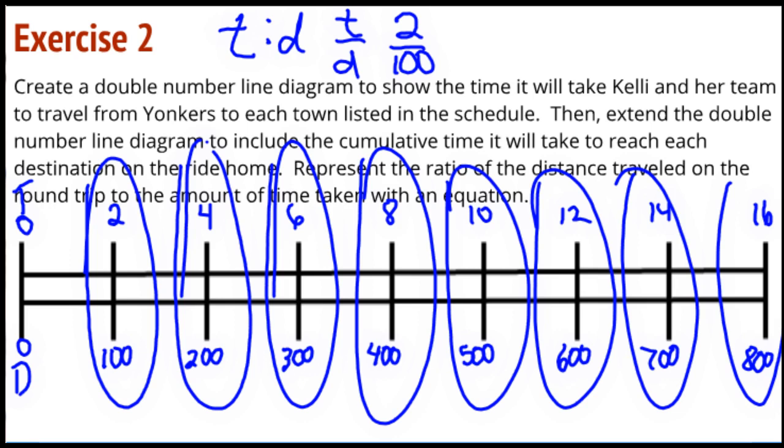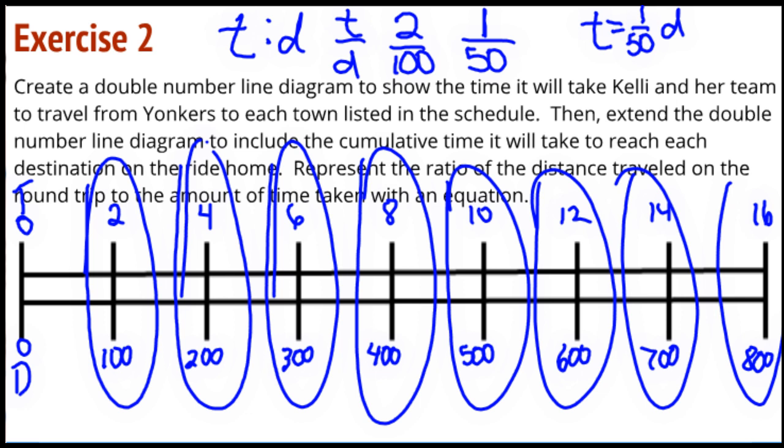So I know that in 1 hour, I'm traveling 50 miles. So I know that time is equal to 1/50th of the distance. Time is 1/50th of the distance.